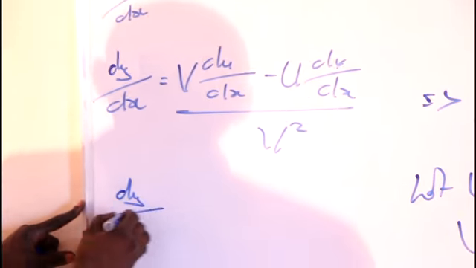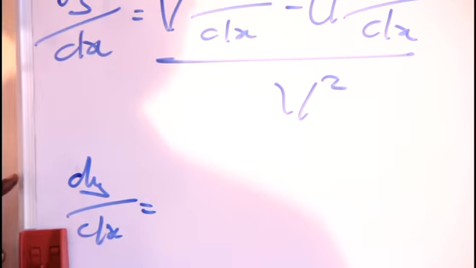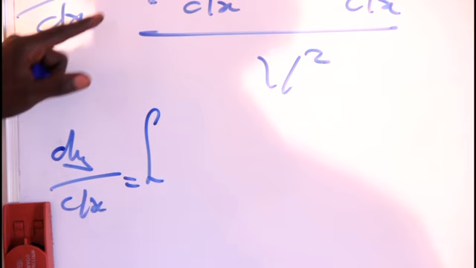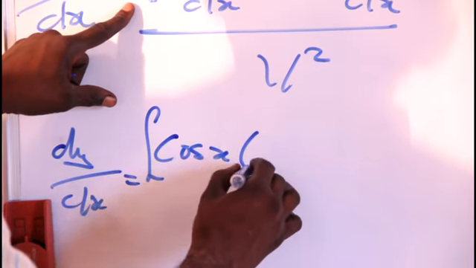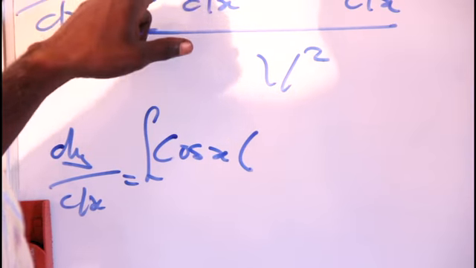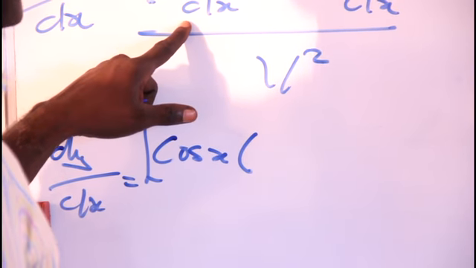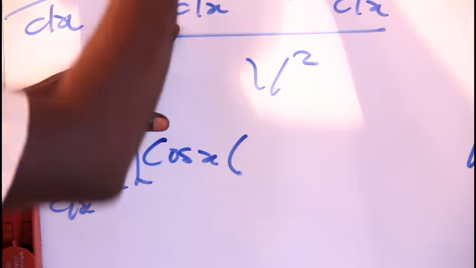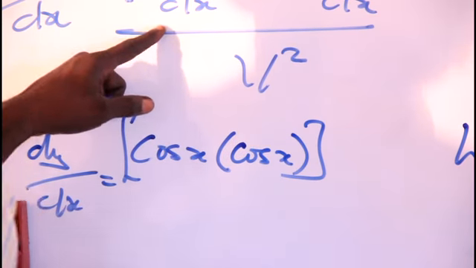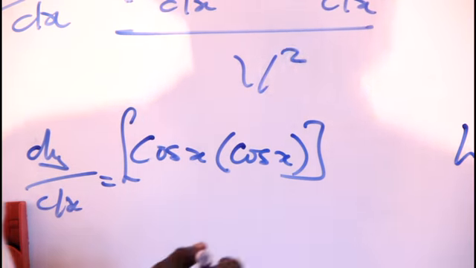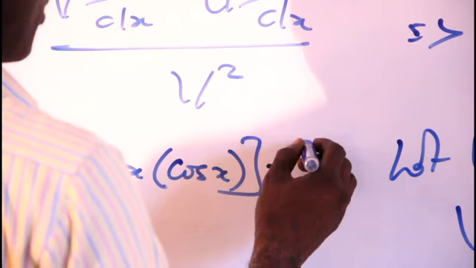We end up having dy over dx will be equal to, now you have a parenthesis. What is our v? Our v is cos x, into, now the du over dx. What is our du over dx? It is also cos x. Then you close this parenthesis. Now you say minus.